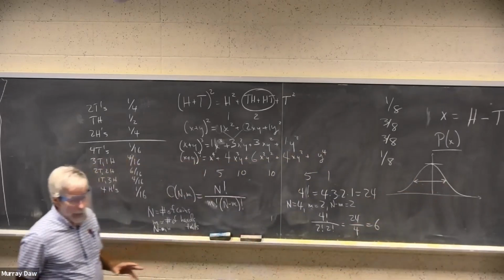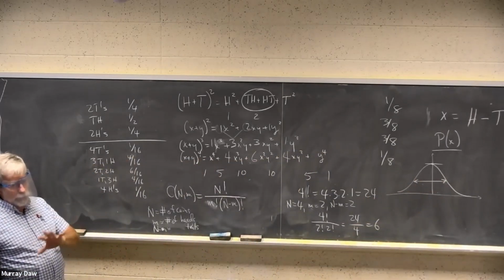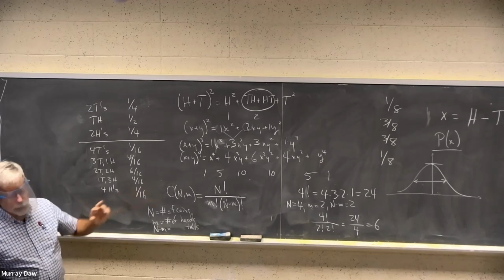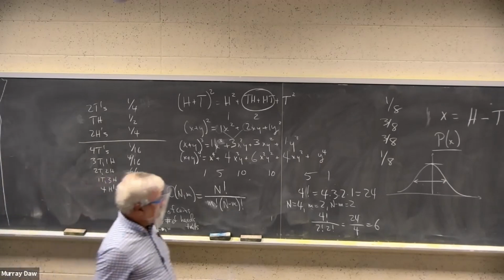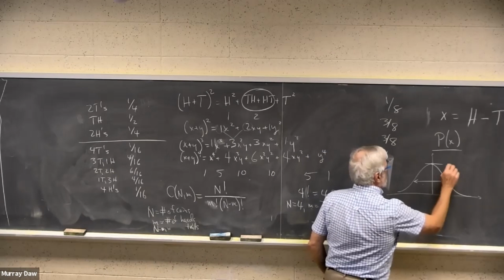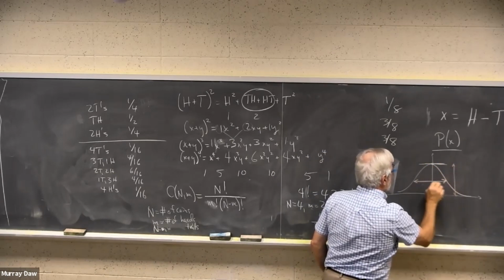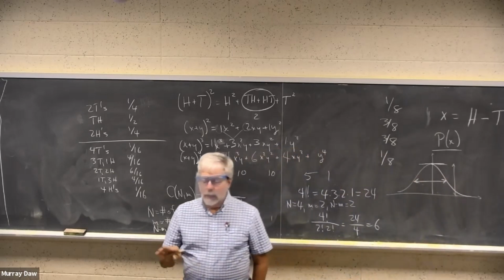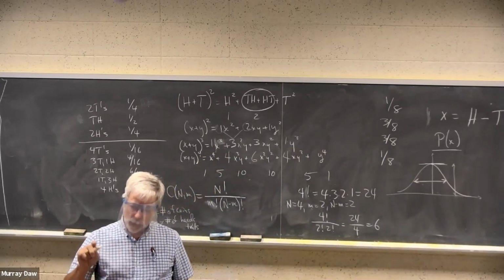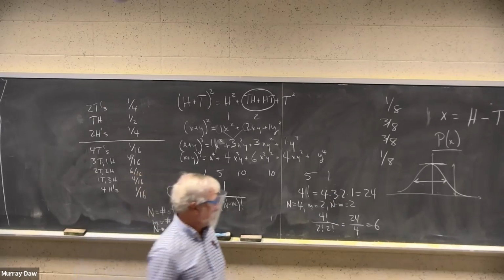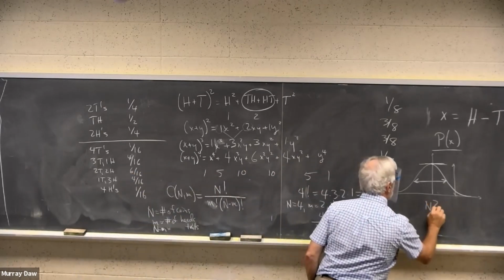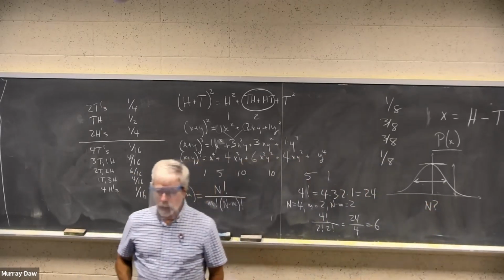The more coins you toss for each member of the ensemble, the closer that gets to a Gaussian. But what we want to know is how the max, the peak value, and the width of the distribution change with the number of coins. That's what we're going to uncover.